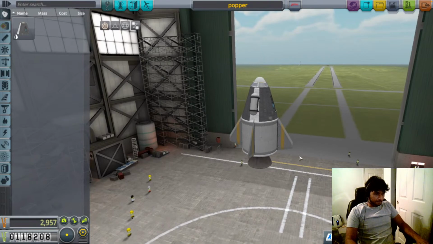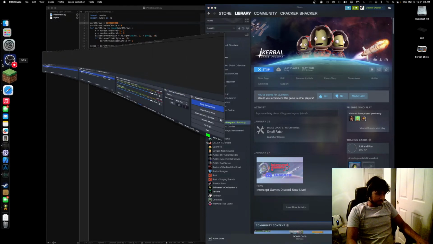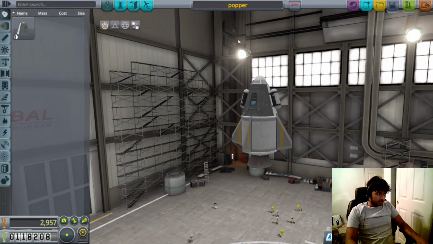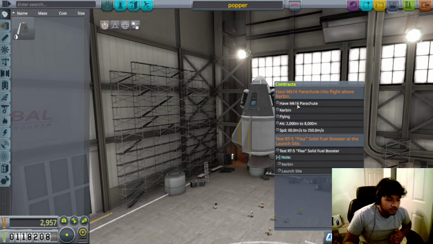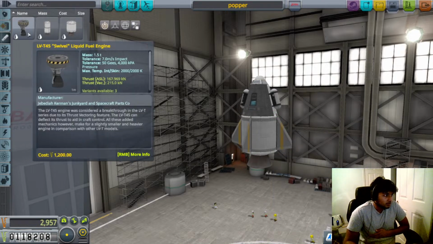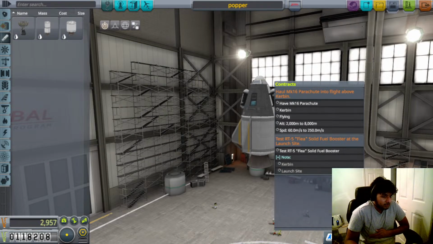We can do that. We will test the fleet indeed. So have Mark 16 parachute, kerbin flying altitude, and then just going some sort of speed upwards. And then we also want to test the flea. So we have the flea hooked up.